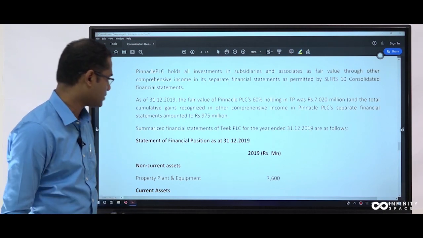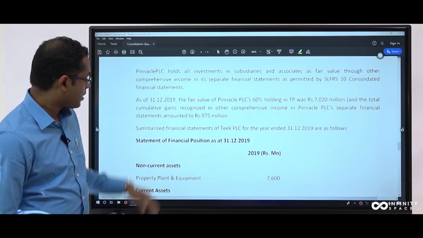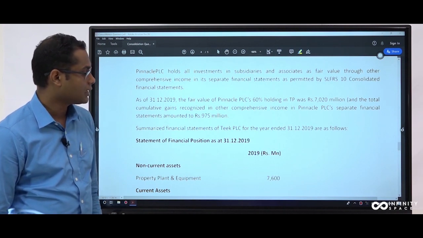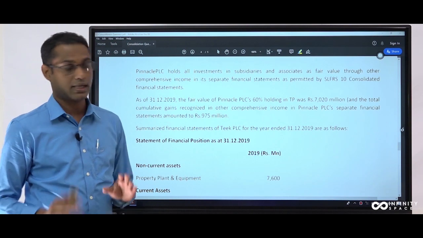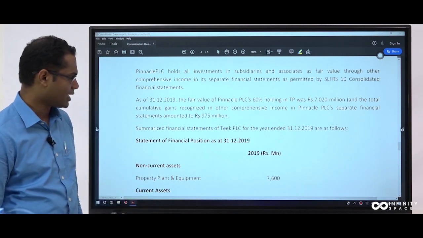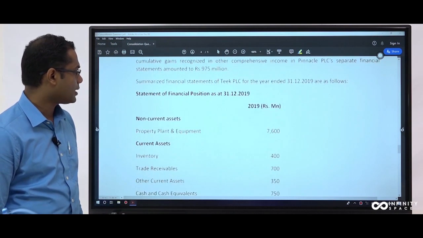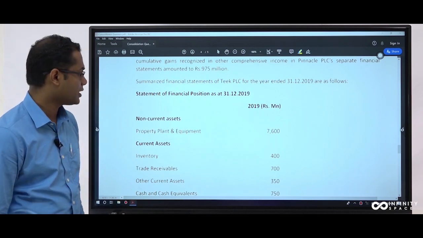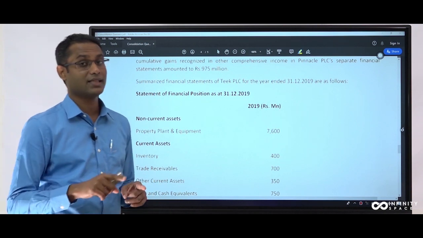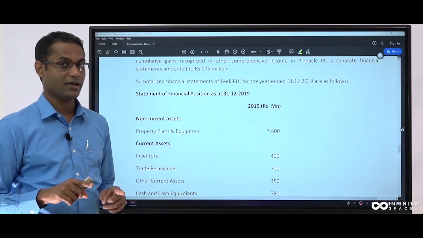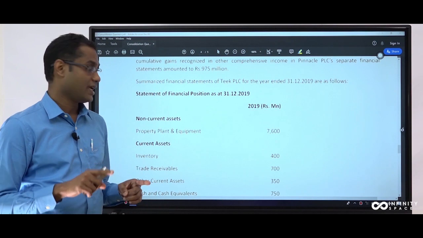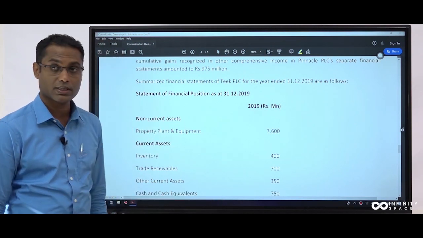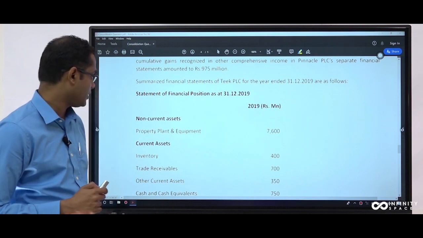Then you have been given the summarized financial statements of Teak PLC for the year ended 31st December 2019. That is Teak PLC's statement of financial position, and the statement of profit or loss and other comprehensive income is also given, because you have to consolidate Teak PLC with Pinnacle PLC. First of all, the statement of financial position figures have been given.